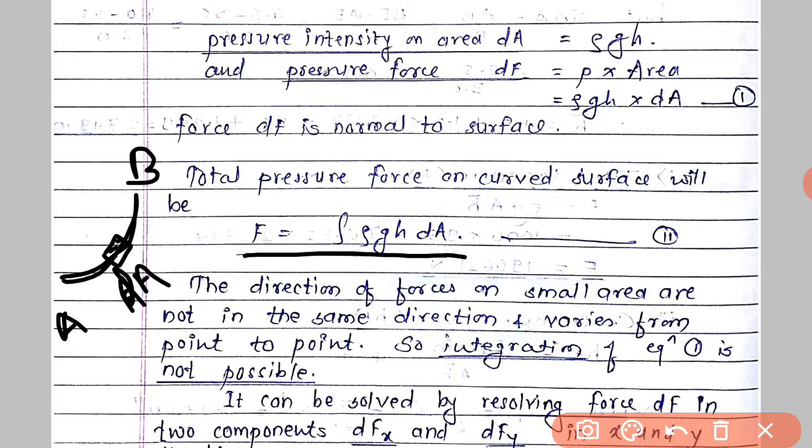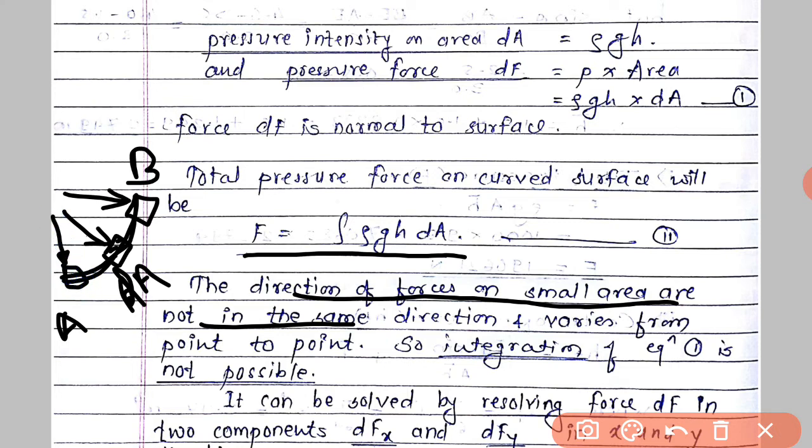Here what happens, the direction of forces on the small areas are not in the same direction, because this strip is here. If we consider another strip here, the direction of the force acting on the strip will continuously change. Suppose another strip is here, and this will be the direction of the force acting on that particular strip.